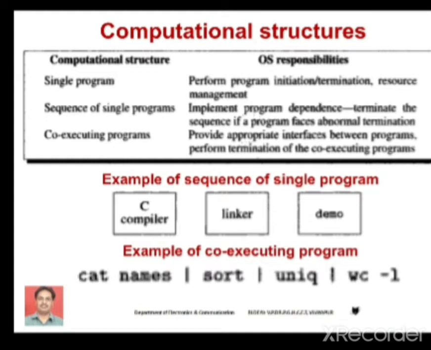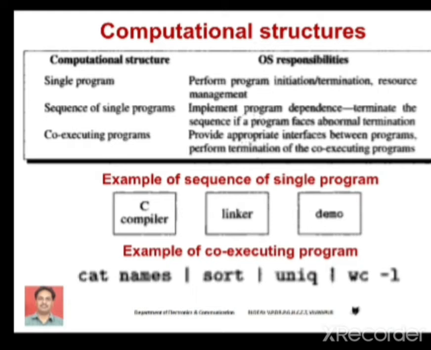Then we have the second computational structure called a sequence of single programs. In this case, a group of programs need to be executed in a particular sequence by the operating system to carry out meaningful tasks. There will be two or more programs which need to be executed in a particular sequence to get meaningful work.